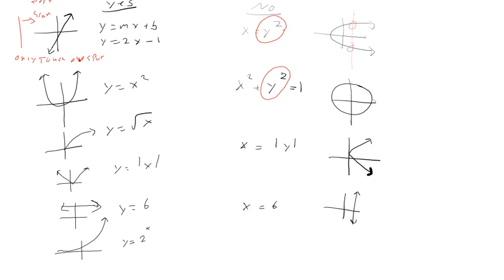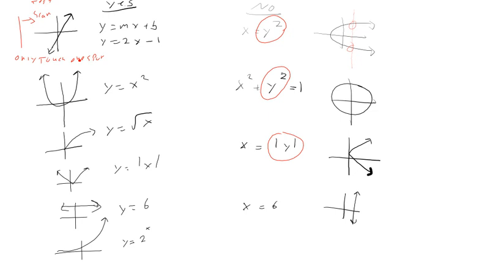If you have y in an absolute value anywhere in your equation, you're not going to be a function. X absolute value, totally fine. Y absolute value, not fine. X is squared, no problem. Y is squared, not going to be a function.